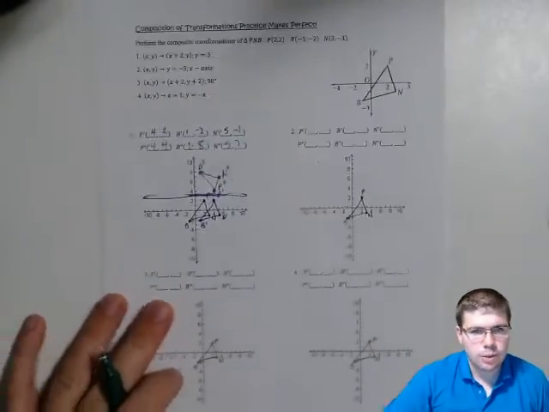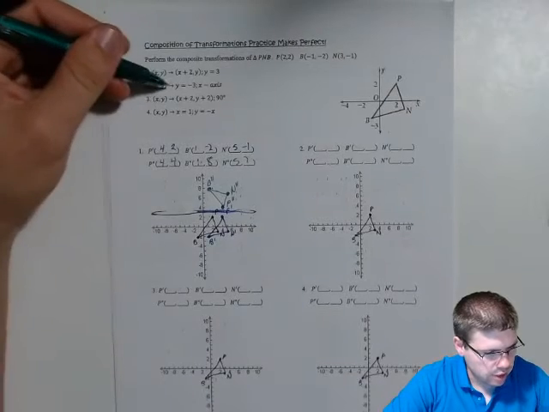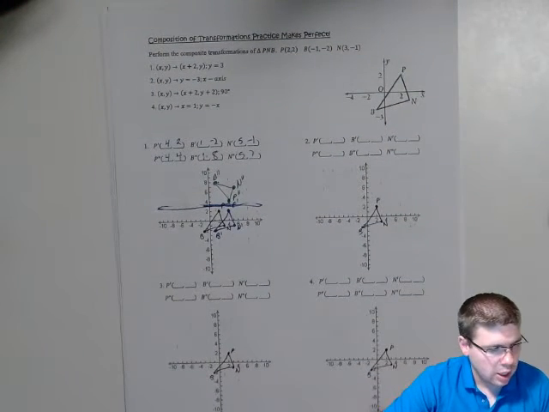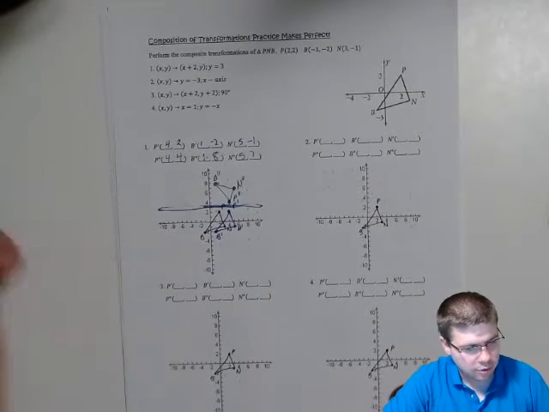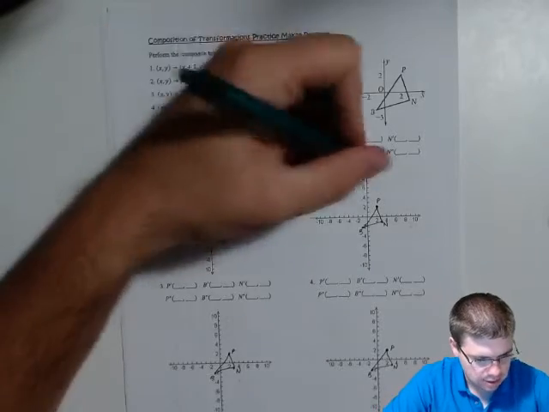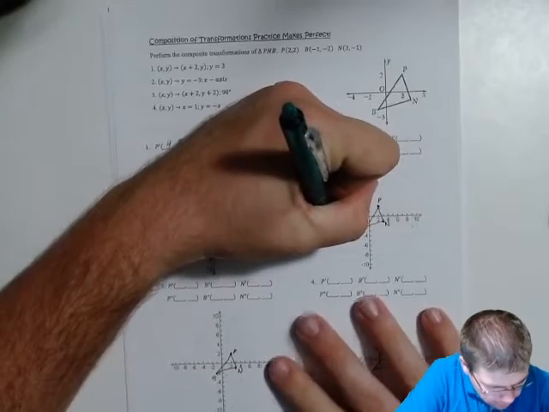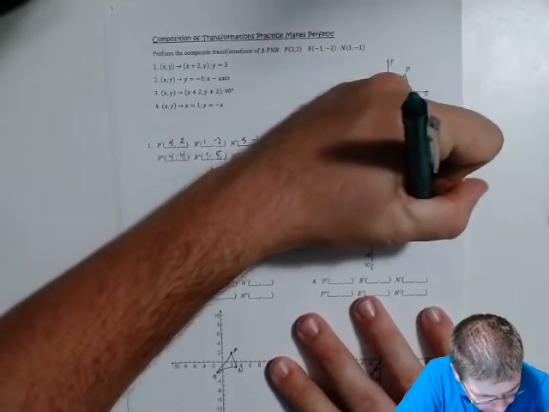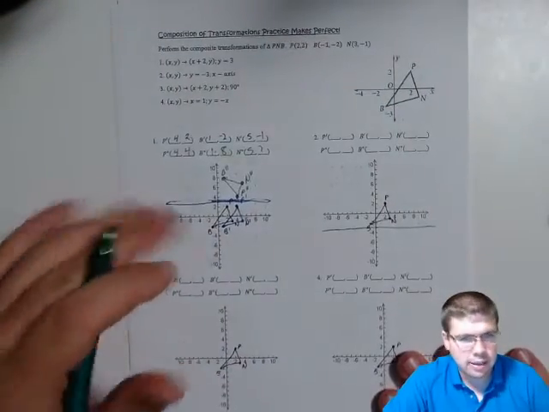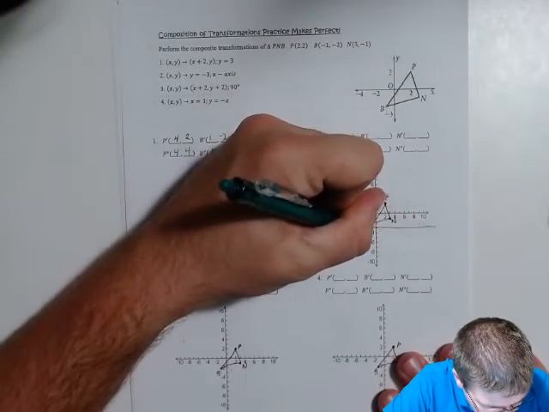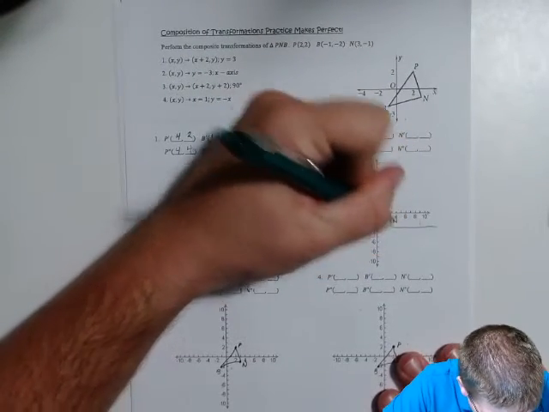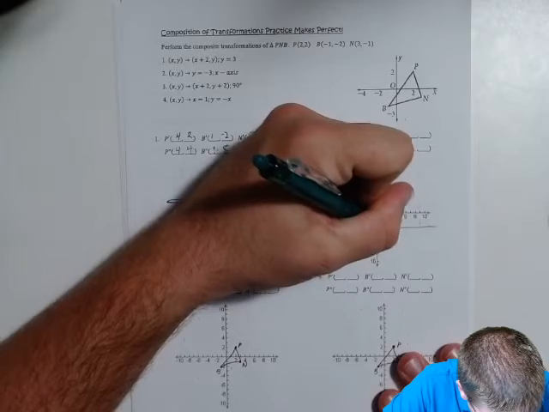All right, the next one, we're trying to do these transformations. We're going to reflect it over the line y equals -3 and then the x-axis. So the line y equals -3 would be right there. So we're going to reflect over that line first. So bringing B down here for B prime, N down there for N prime.